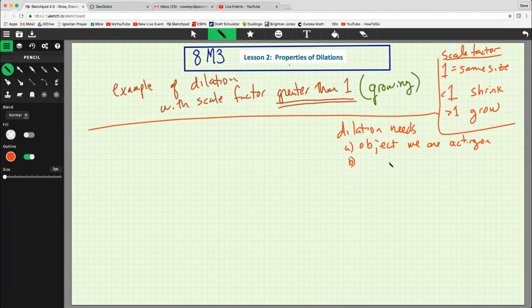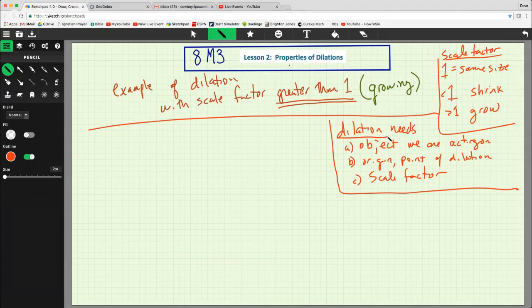It needs an origin or point of dilation. That's the point that we're growing or shrinking from. And C, we need a scale factor. Okay, so when we talk about dilations, you have to be talking about all 3 of these things.